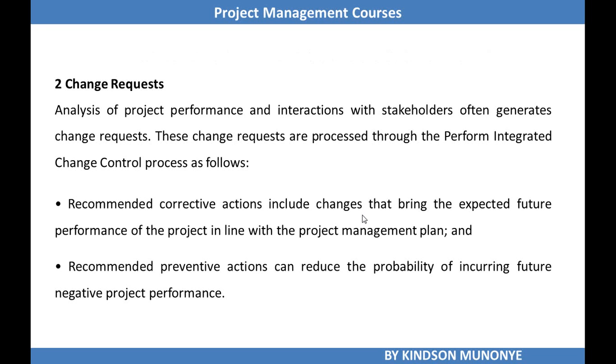Another output from Control Stakeholder Engagement is change requests. Analysis of project performance and interactions with stakeholders often generate change requests. Change requests are processed through Perform Integrated Change Control. Recommended corrective actions include changes that bring the expected future performance of the project in line with the project management plan.